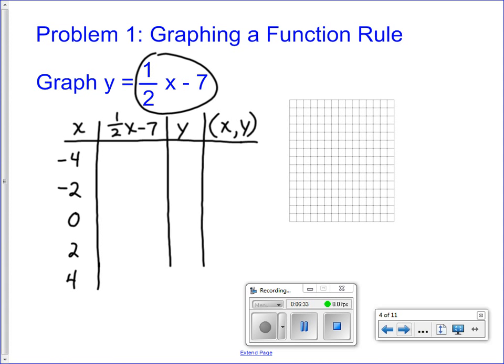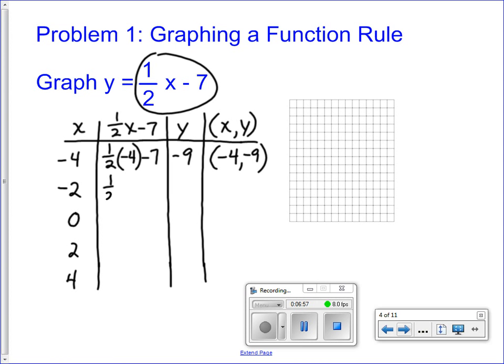All right, so substituting in, we have 1/2 times -4 minus 7. 1/2 times -4 is -2, and -2 minus 7 is -9. So we have the ordered pair -4, -9.